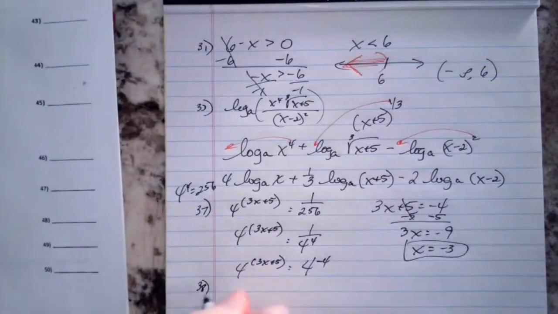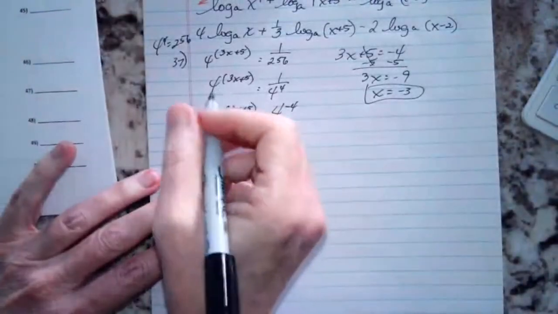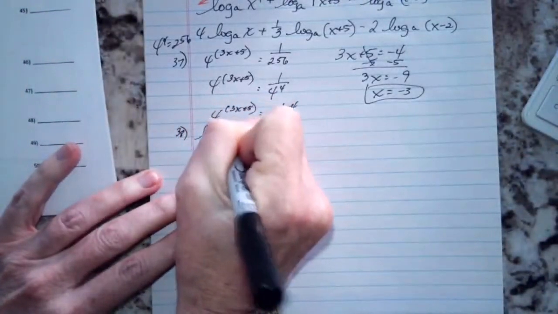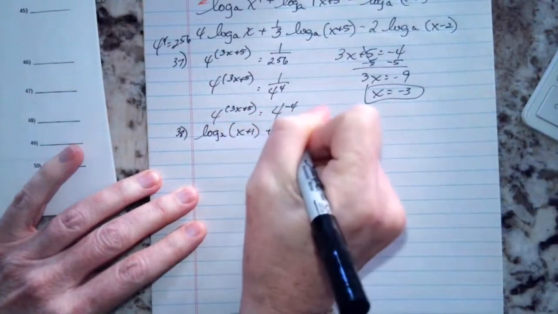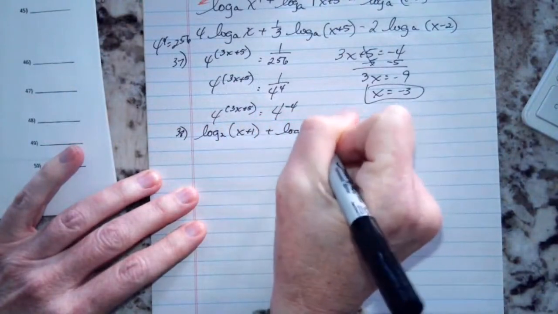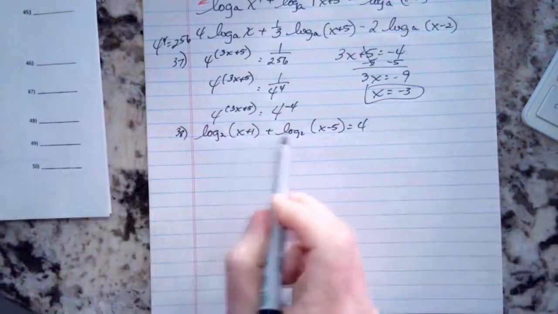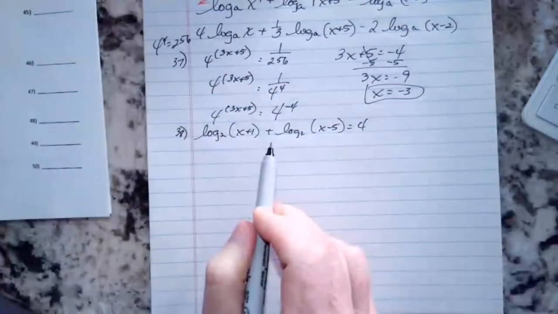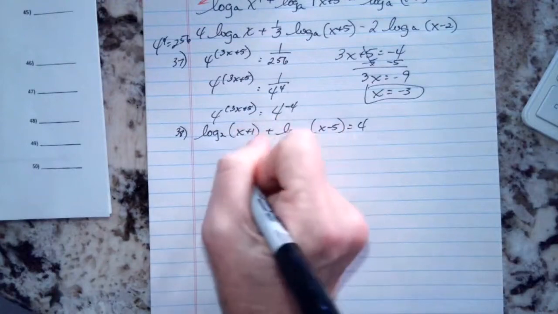Okay, let's look at 38. We've got log base 2 of x plus 1 plus log base 2 of x minus 5 equals 4. These are both the same logs, so let's combine them like we were doing in the early 30s problems.